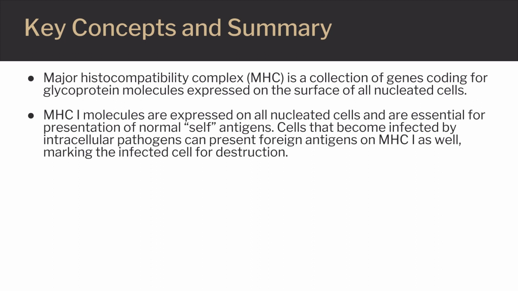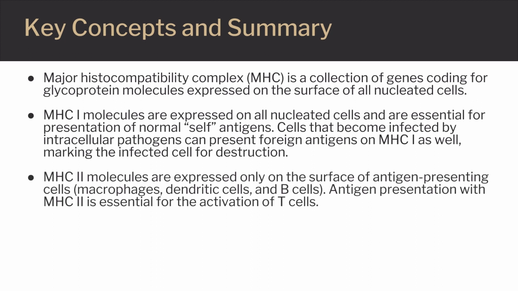Cells that become infected by intracellular pathogens can present foreign antigens on MHC1 as well, marking the infected cell for destruction. MHC2 molecules are expressed only on the surface of antigen-presenting cells, macrophages, dendritic cells, and B cells. Antigen presentation with MHC2 is essential for the activation of T cells.